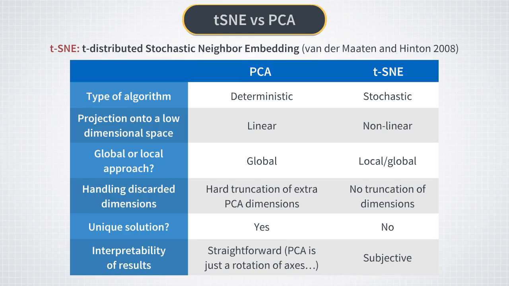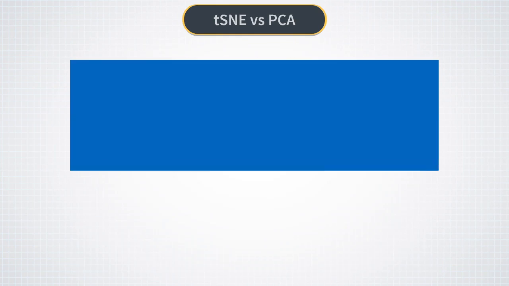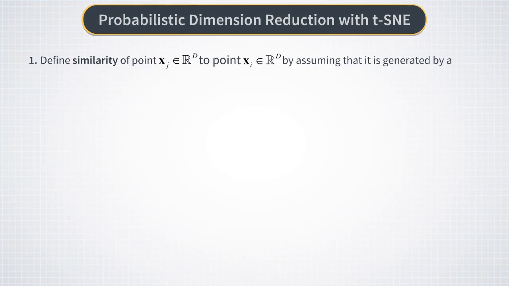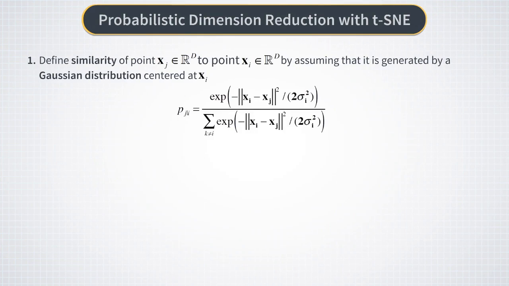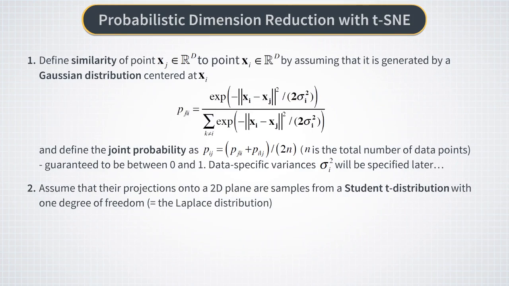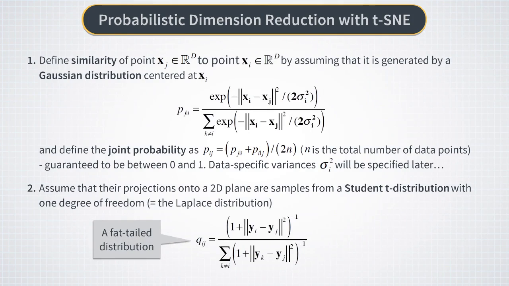Now let's see how the tSNE works. The tSNE method is a probabilistic method based on matching two distributions. The first distribution is a distribution of data points in the original d-dimensional space. The second distribution is a distribution of projections of these points onto a 2D plane. Let's start with the first distribution.